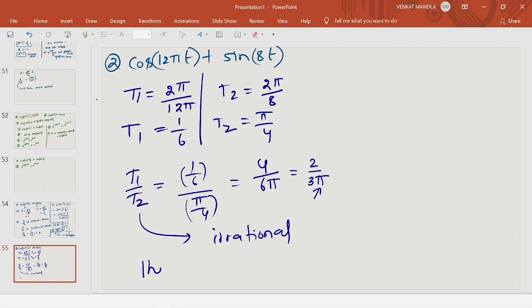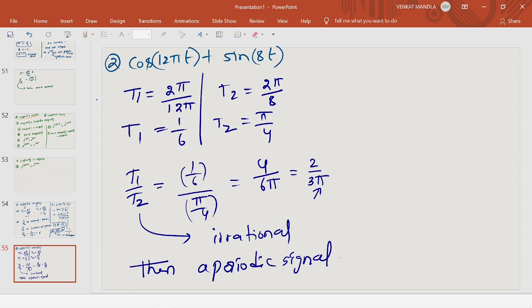Then the signal is not periodic, it is aperiodic. It doesn't have any common period. But individually these two are periodic: cos 12 pi t is a periodic signal, and sin 8t is a periodic signal.